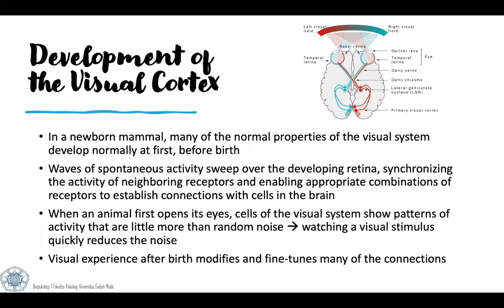But watching a visual stimulus quickly will reduce the noise. So it means that visual experience after birth modifies and fine-tunes many of the connections. It means that long after the sensitive period, prolonged experience produces a smaller but measurable effect on the visual cortex. And the most important thing is that cortical plasticity is greatest in early life. It will never end, though. It still happens until we're adult.